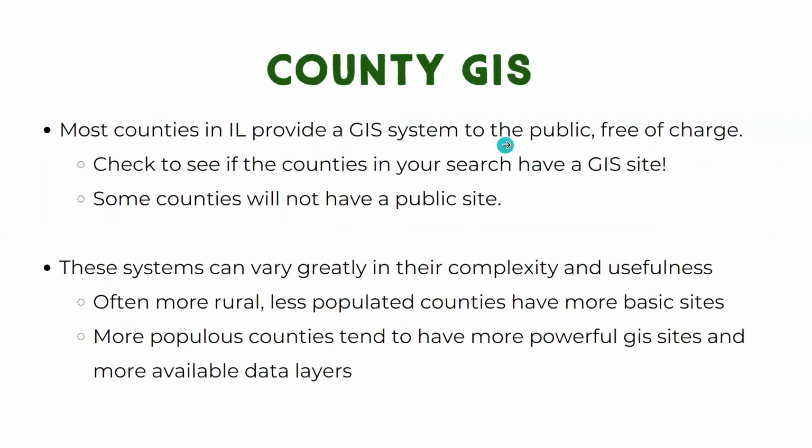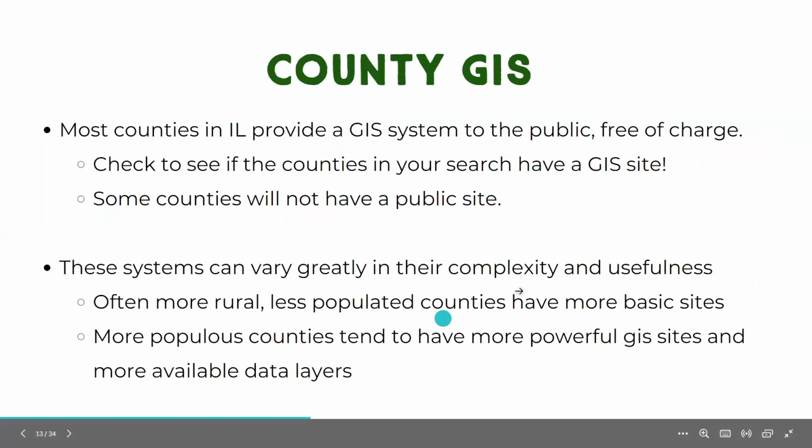And then kind of narrowing in our focus to county GIS, most counties in Illinois will provide a GIS system to the public, and it's free of charge. Not all counties will provide this service, but most will. So check in the counties where you're looking for property and see if they have a GIS site.